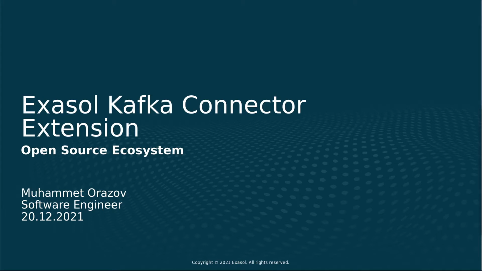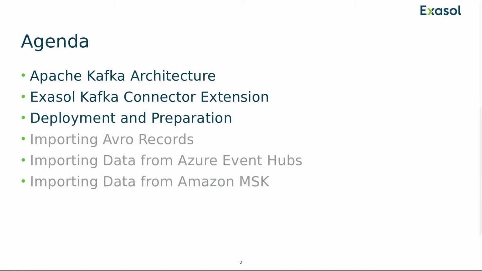It allows you to import data from Apache Kafka clusters into an Exasol database. So let's get started. This is a rough agenda for this series. I will give a short introduction about Apache Kafka architecture. After that, I am going to describe our connector extension and some design decisions we took to implement it.